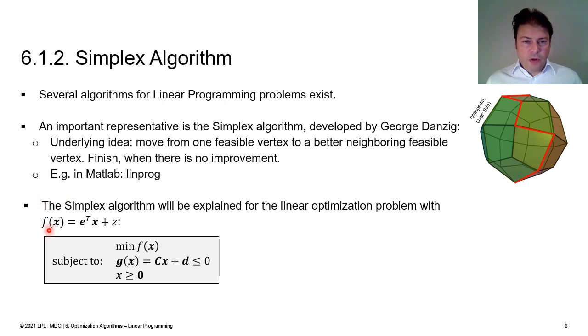So we will restrict ourselves to an optimization problem using inequality constraints, but it will be very obvious how you can treat equality constraints the same way. But for simplicity now, let's just consider this problem. So we want to minimize the objective function, which is linear, subject to an inequality constraint, and also this is a particular convention that we will adopt.